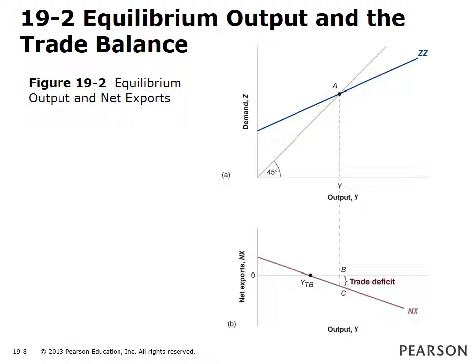Figure 19-2A shows the equilibrium level of output is given by the point where the 45-degree line intersects the demand function ZZ, point A. At this level of output Y, Figure 19-2B shows there is a trade deficit equal to BC. We could have a trade surplus or trade balance at the equilibrium level of output.